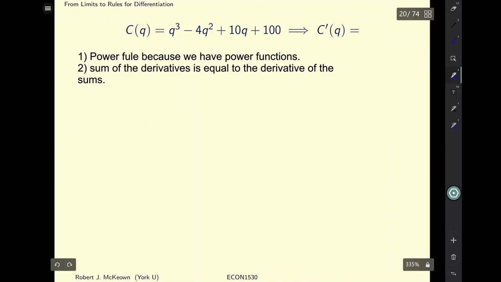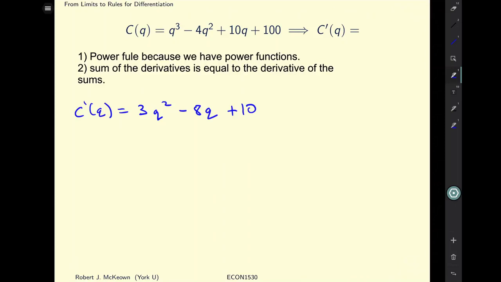And so number 2 says that I can treat each of these terms separately, apply the power rule to each of them. So if I want C prime Q, I'm going to get 3Q squared minus 8Q plus 10. And I'm done.